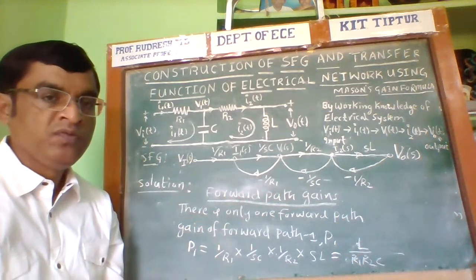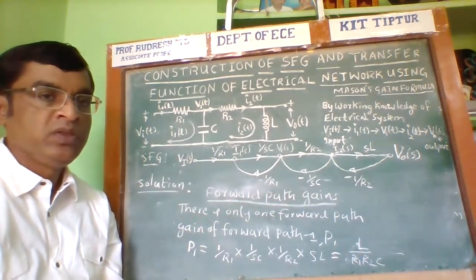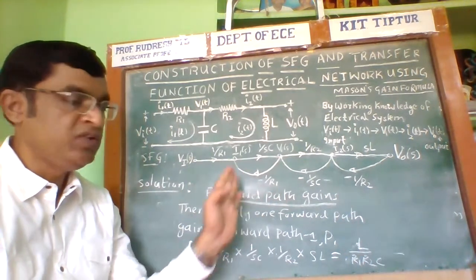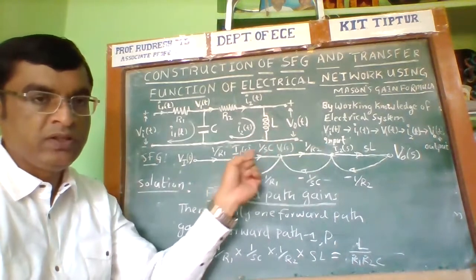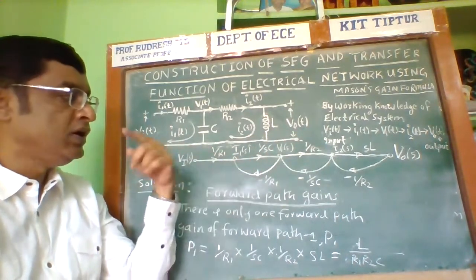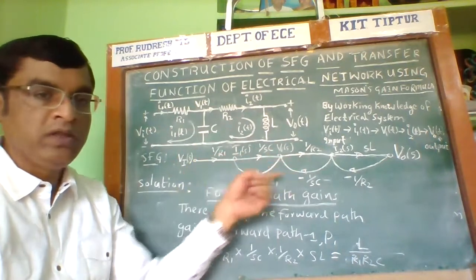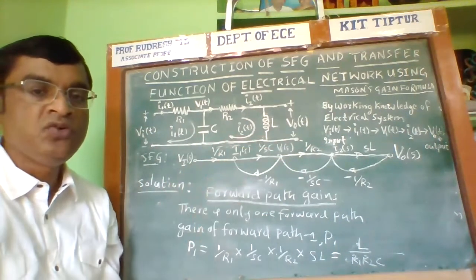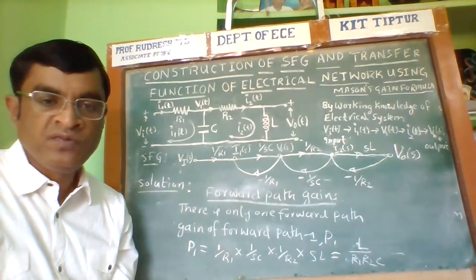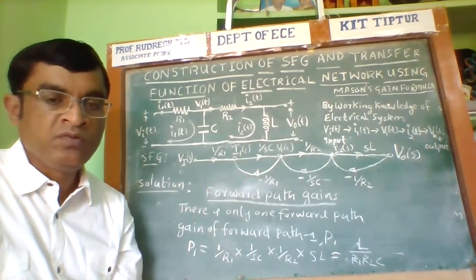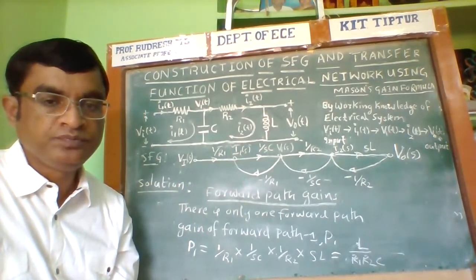In the next step, we need to identify the number of loops in the signal flow graph and then find the loop gains, called the individual loop gains. This is the next step of calculating the overall gain of the system.